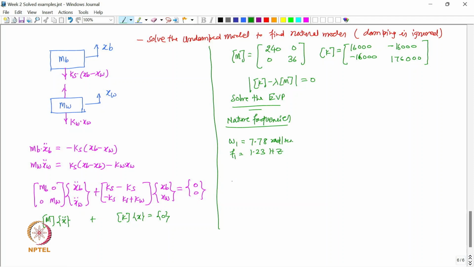And the second natural frequency is omega 2, and that comes to be 69.96 radians per second, and in terms of hertz it is 11.13 hertz.